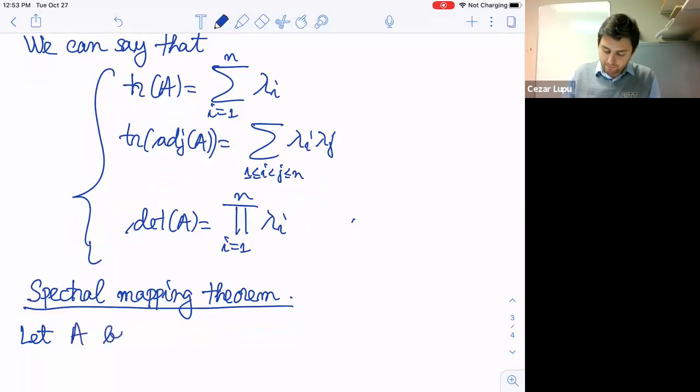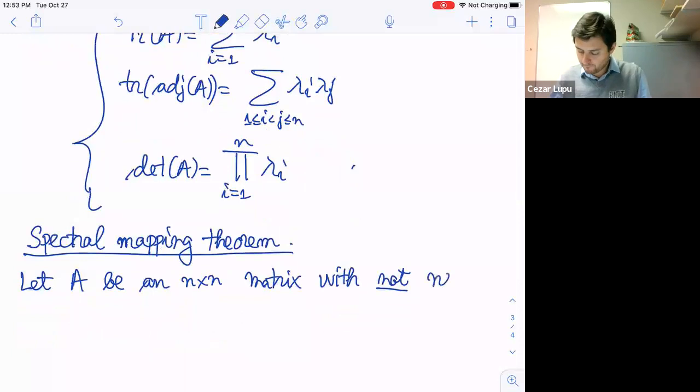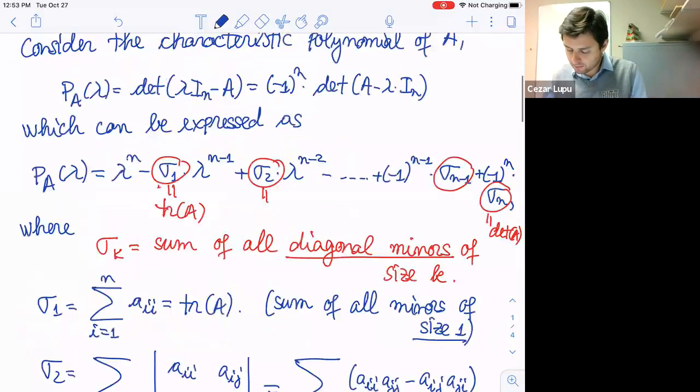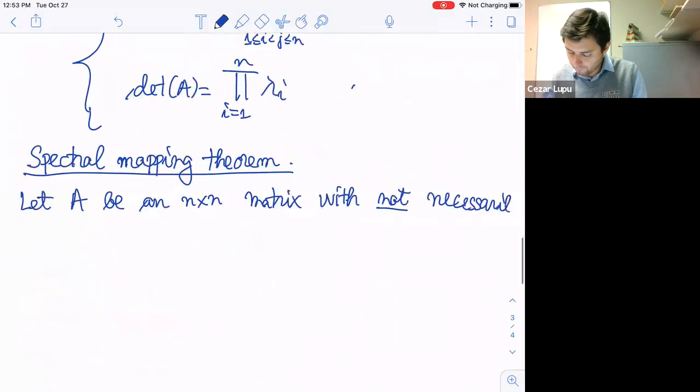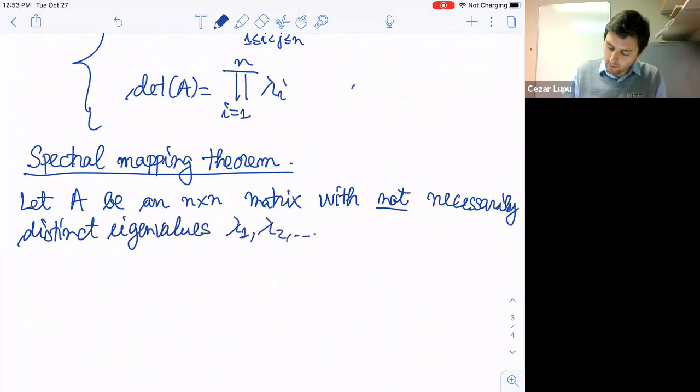Let A be an n by n matrix with not necessarily distinct eigenvalues lambda 1, lambda 2, all the way to lambda n.